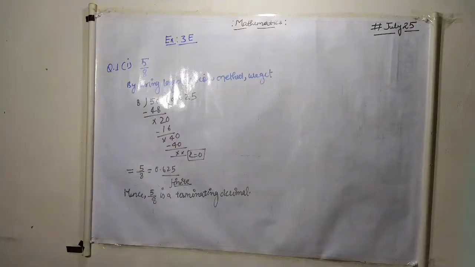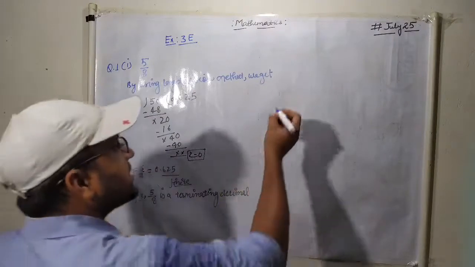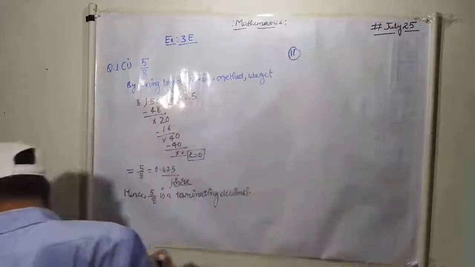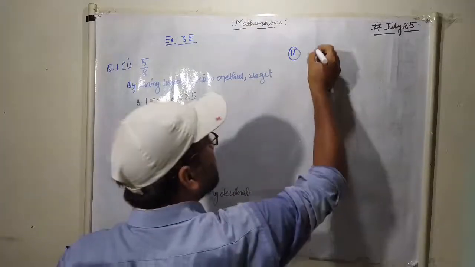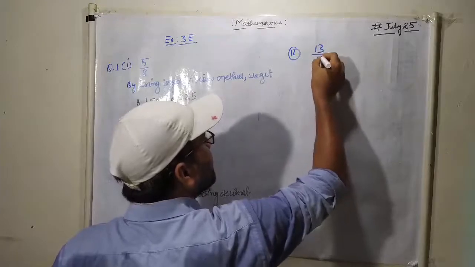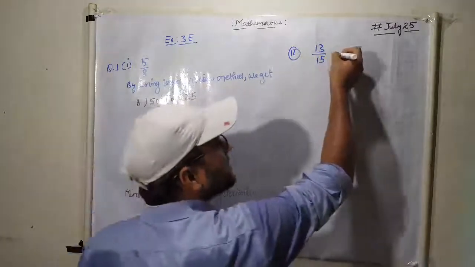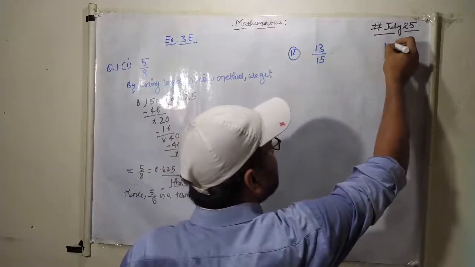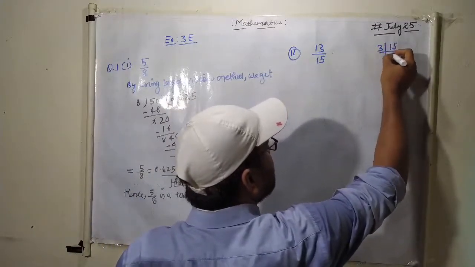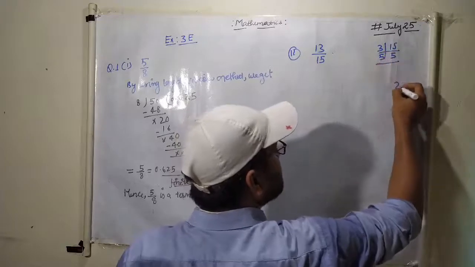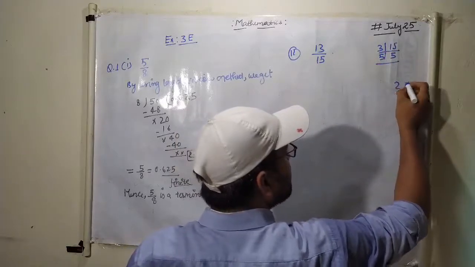Now question number second: 13 upon 15. By using the rule, you can see the prime factors of 15 are 3 and 5.